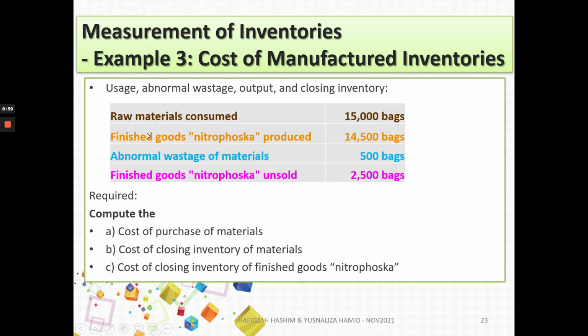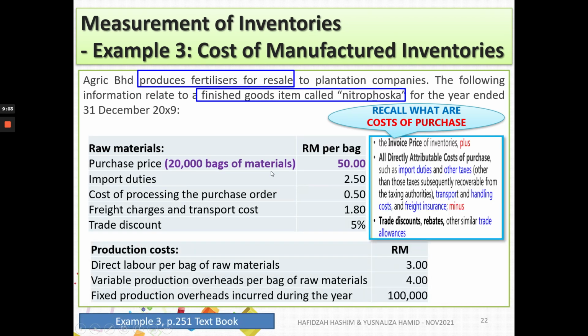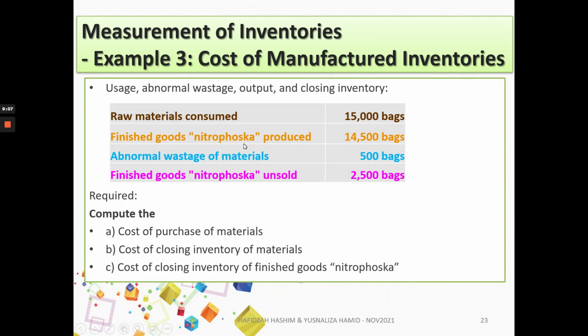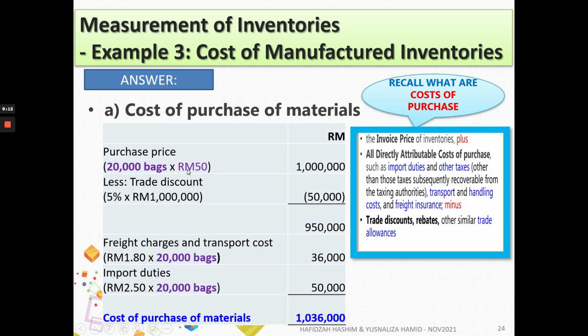Going back to the slide, that should be multiplied by 50, so that is 1 million. The trade discount is 5% of the purchase price, so 50,000. Now the net invoice price is 950,000.